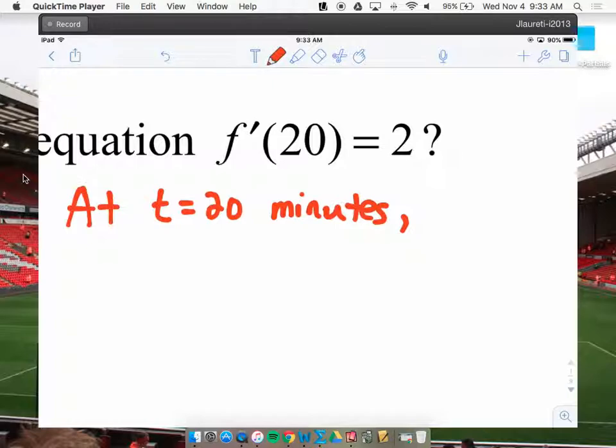So you need to connect the units that we just figured out for the last part with this. The derivative is also the instantaneous rate of change, right? And since that number is positive, how does that connect with the temperature of the turkey?